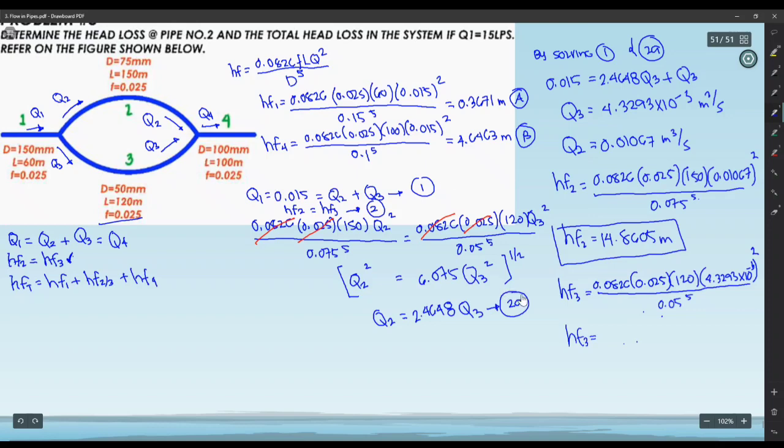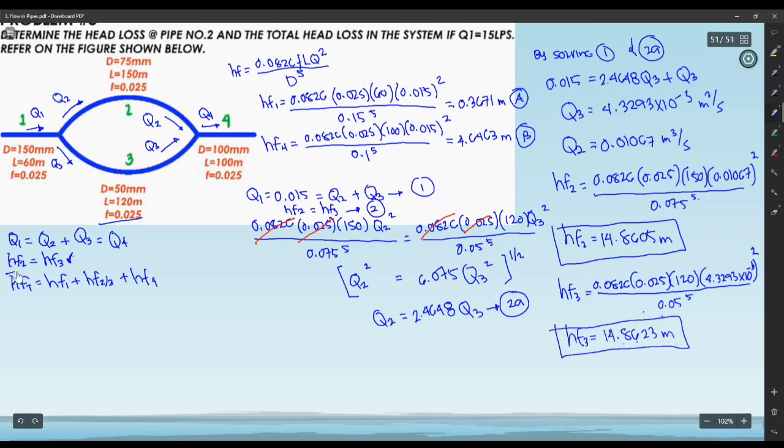So, ang answer doon is parang pareho lang sila. Okay. So, na-prove na natin na pareho lang yung head loss nila. So, 14.86. Meron lang konting pagkakaiba dito, pero okay lang yan. Almost equal naman siya.